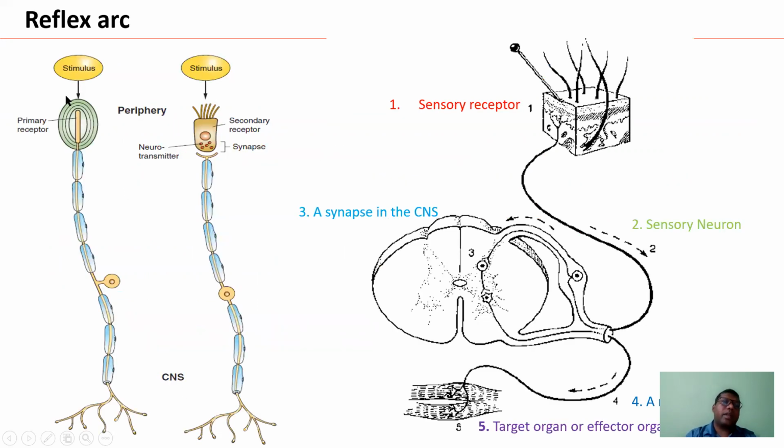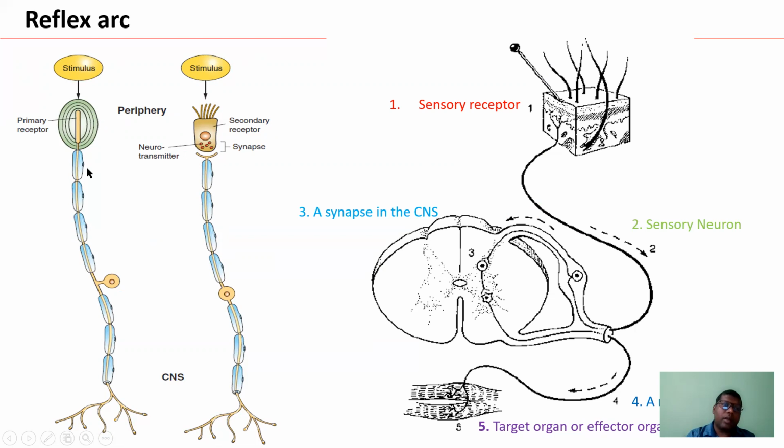For the primary receptor, suppose this is a sensory nerve. This end portion is modified. It may be modified by the Schwann cell in the periphery, and the Schwann cell may form different layers. The sensory neuron directly receives the stimulus and converts it into action potential.